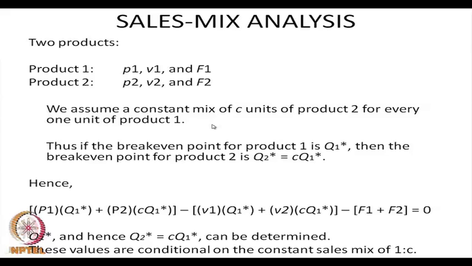So, here we say that if the break even point for product 1 is Q1 star, then the break even point for product 2 will be Q2 star, which is nothing but C times Q1 star. We make this assumption, and we can now use the same thing.